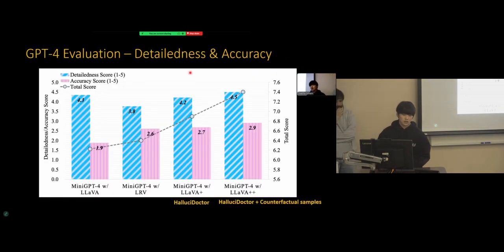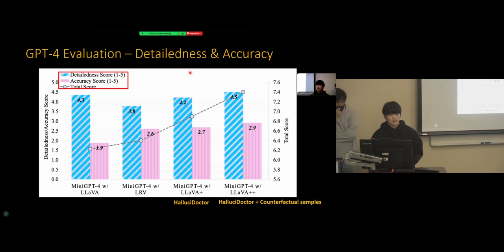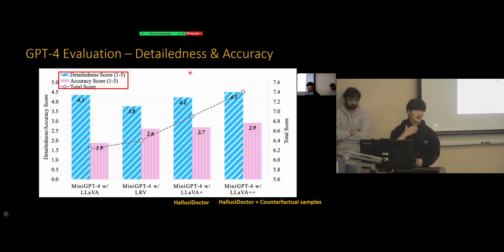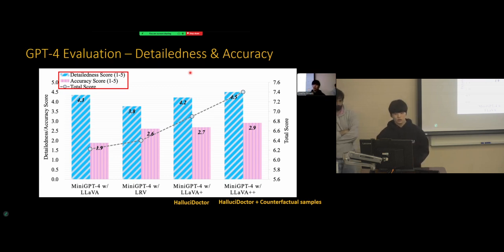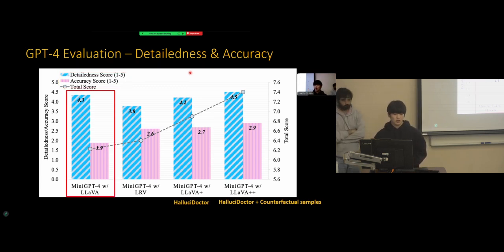They also did a GPT-4-based evaluation for the detailedness and accuracy scores. In this graph, you can see the detail score stands for the general performance of the model, and the accuracy score is related to the hallucination. So we can say a higher accuracy score stands for lower hallucination. So you can see the first result. Using the whole LLaVA dataset can generate very detailed sentences, but there is a lot of hallucination in the sentences.